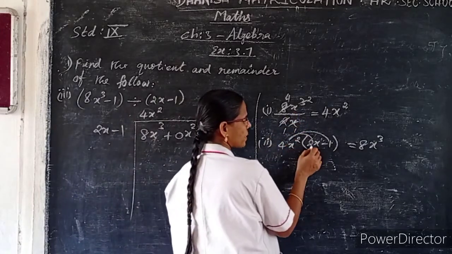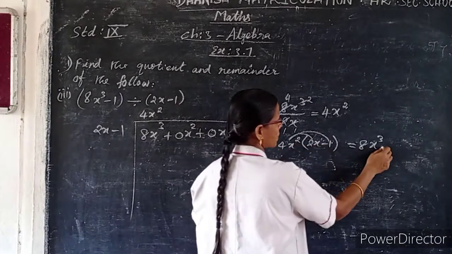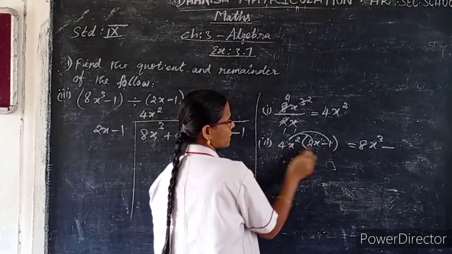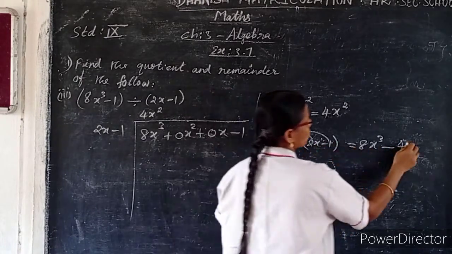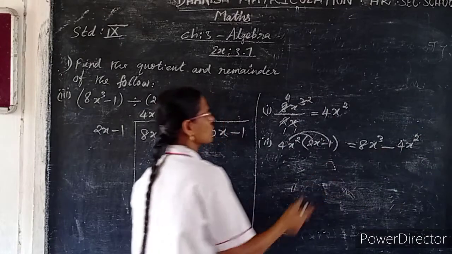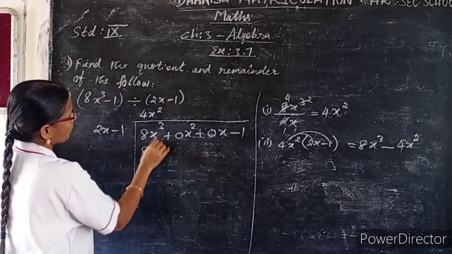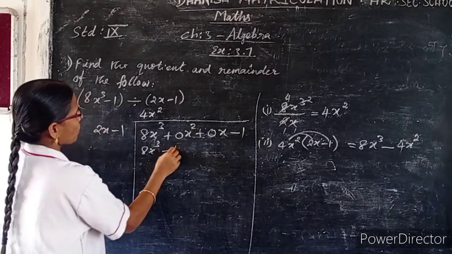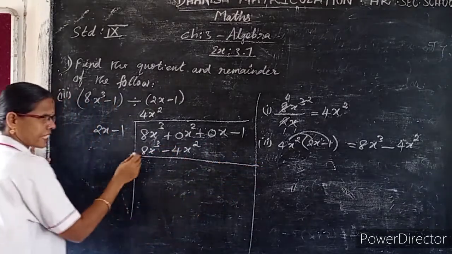So 4x square into 2x: 4 2s are 8, x square into x is x cube. Minus, because plus into minus, minus 4 1s are 4. Variable is x square. So write these two terms here: 8x cube minus 4x square. Next step is change the sign.